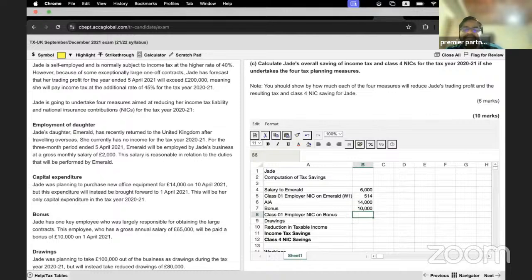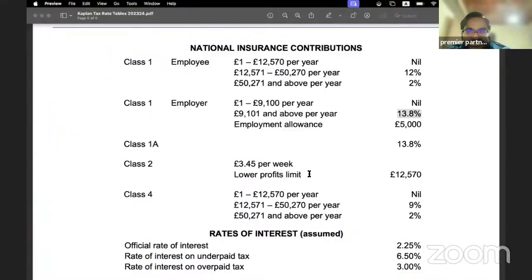How am I going to calculate the class 1 employer NIC contribution on this bonus? What is the employment allowance? Right, employment allowance part. You are talking about this 5,000. Am I correct, Yumna?